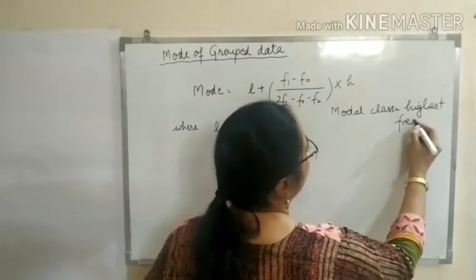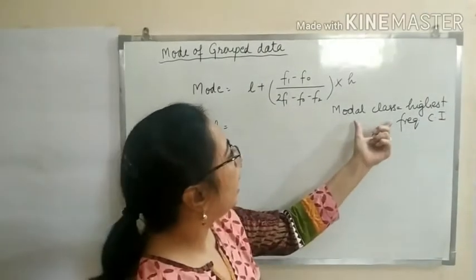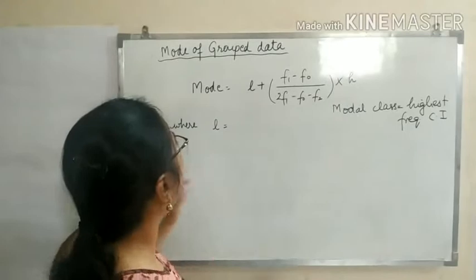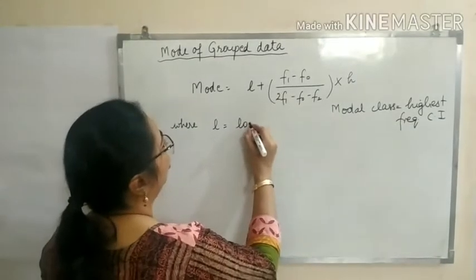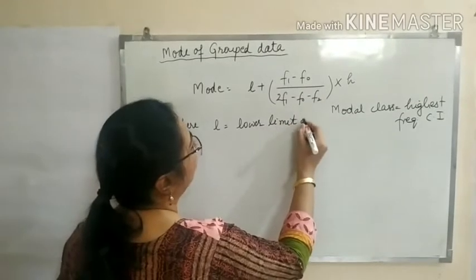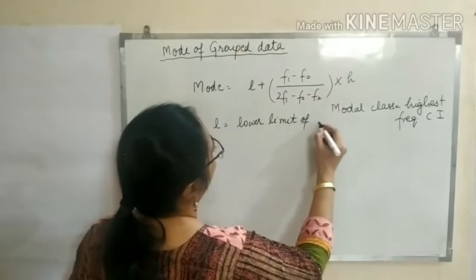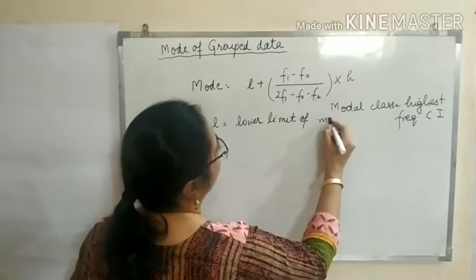With that modal class, all these terms are related. L stands for lower limit of modal class. First you will highlight the modal class and then all these terms will be easily calculated. Lower limit of modal class.